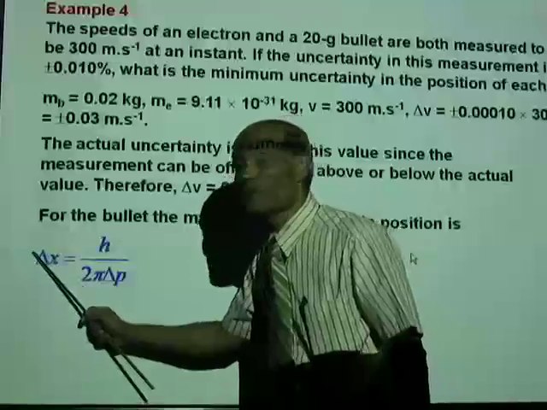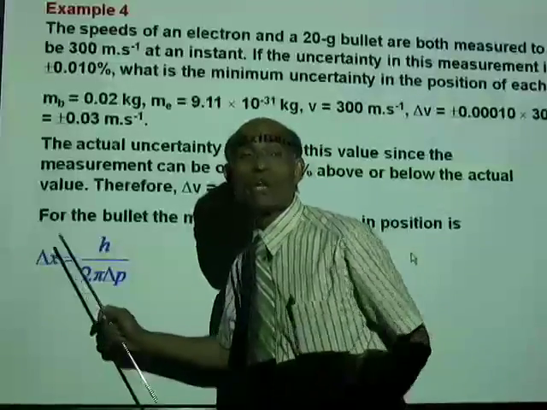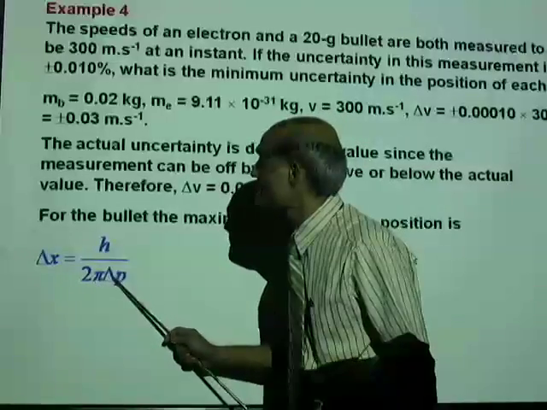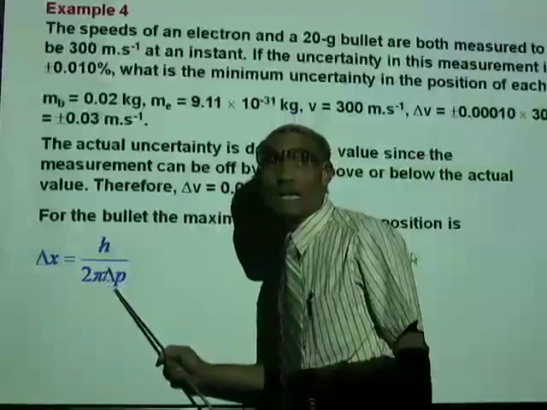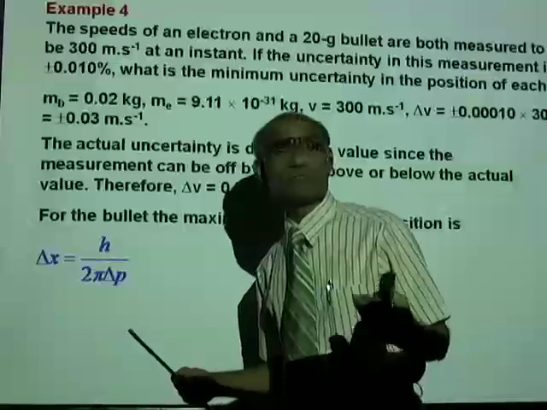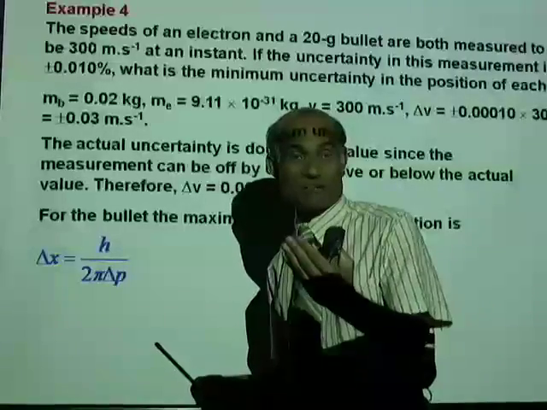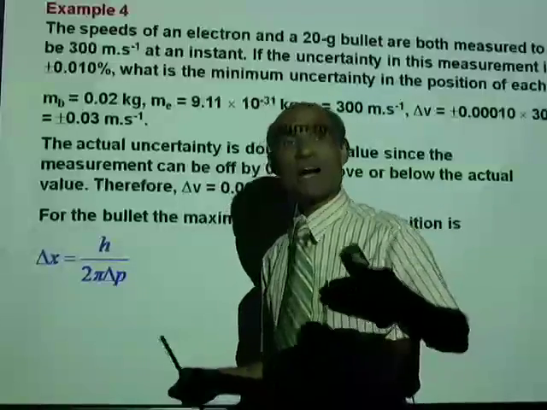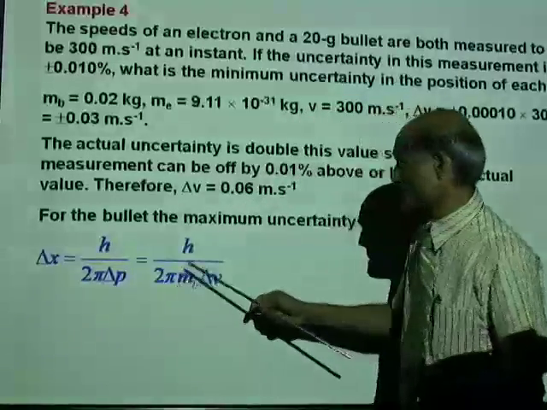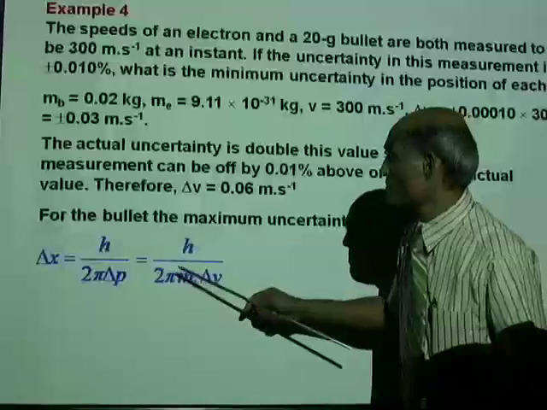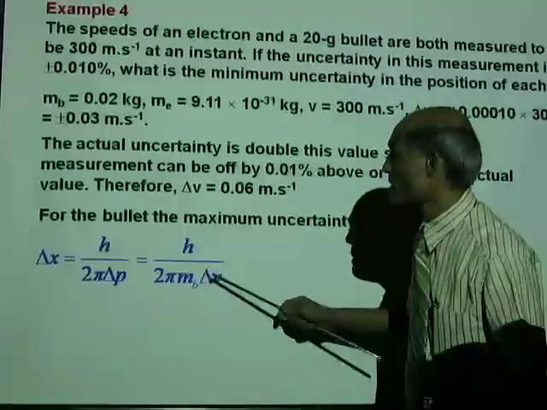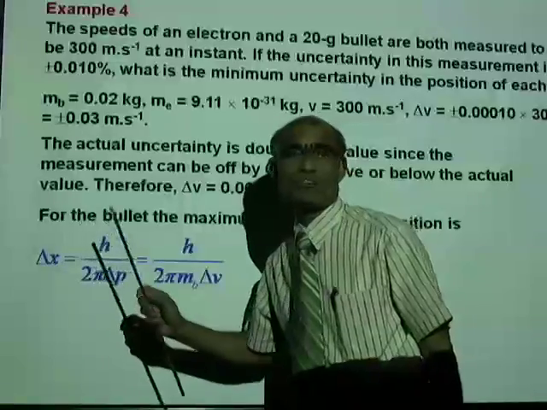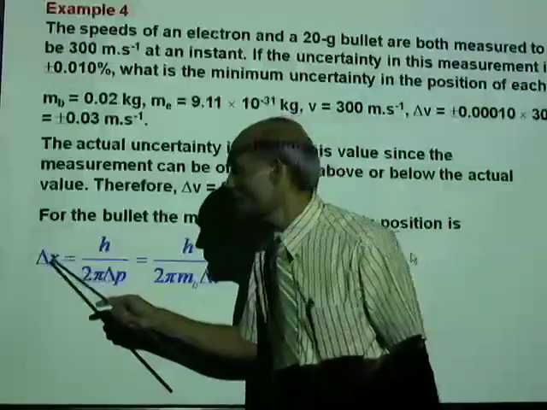And therefore the minimum uncertainty in locating the bullet will be h over 2 pi times delta p, and delta p is the uncertainty in the momentum, which is mass times delta v. So we replace that. That will be h over 2 pi times mass of the bullet times delta v. I hope you understood this statement. We are looking for the minimum uncertainty in the position.